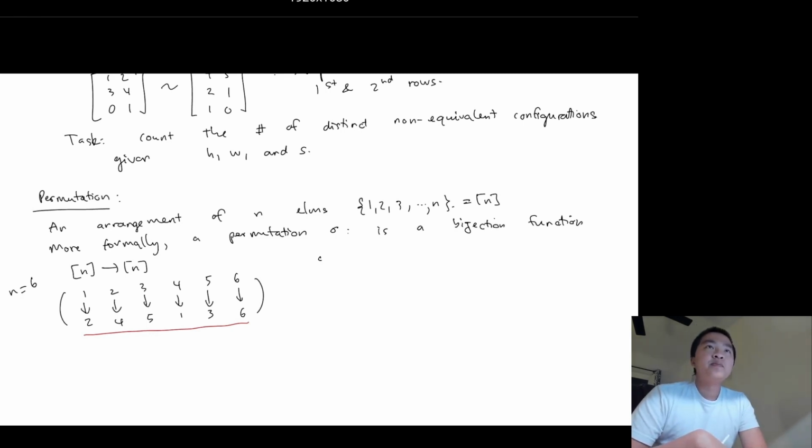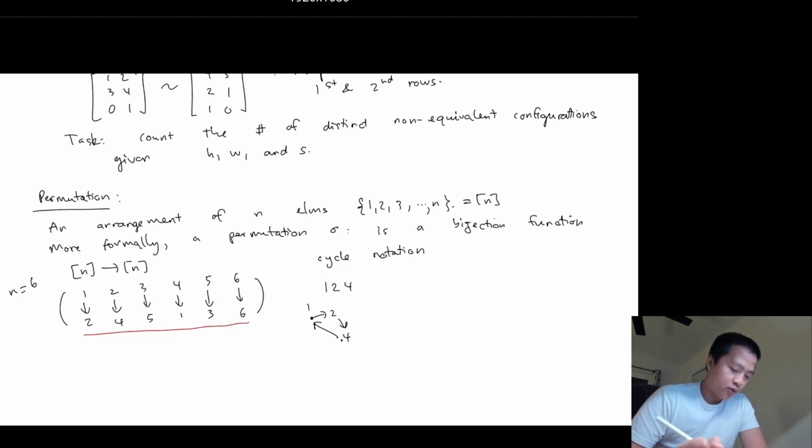Now, here's a very convenient notation, which is called the cycle notation. Okay, so 1 is mapped to 2, right? Now 2 is mapped to 4, and 4 is mapped back to 1, right?